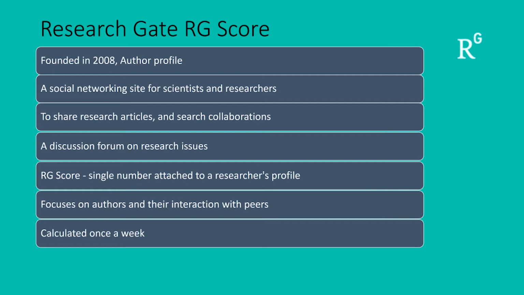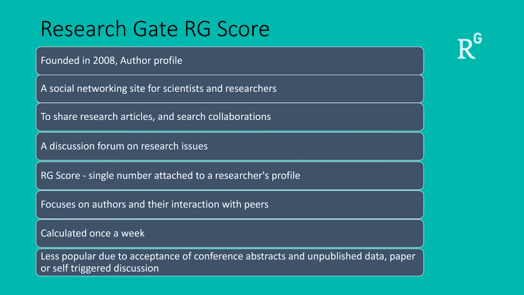Next, many critics don't rely on the RG score on the basis of various factors. What are those factors? It contains conference abstracts and unpublished data and papers, which are loaded as datasets. Apart from these unpublished data which are not complete papers, self-triggered discussion also increases the score.